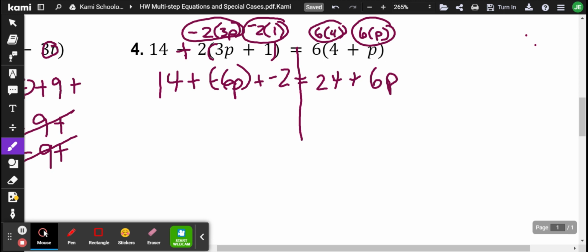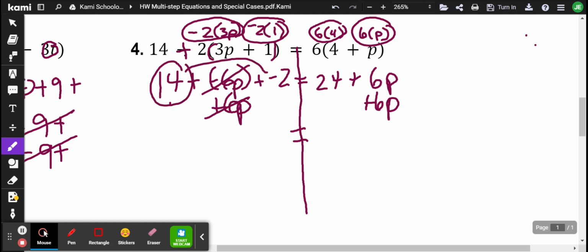So now that we distributed, that does not have a letter with it, so there's nothing we can do there. So let's add 6p to both sides. So negative 6p, positive 6p is going to cancel. And then we can probably combine these also. 14 minus 2 is going to be 12.